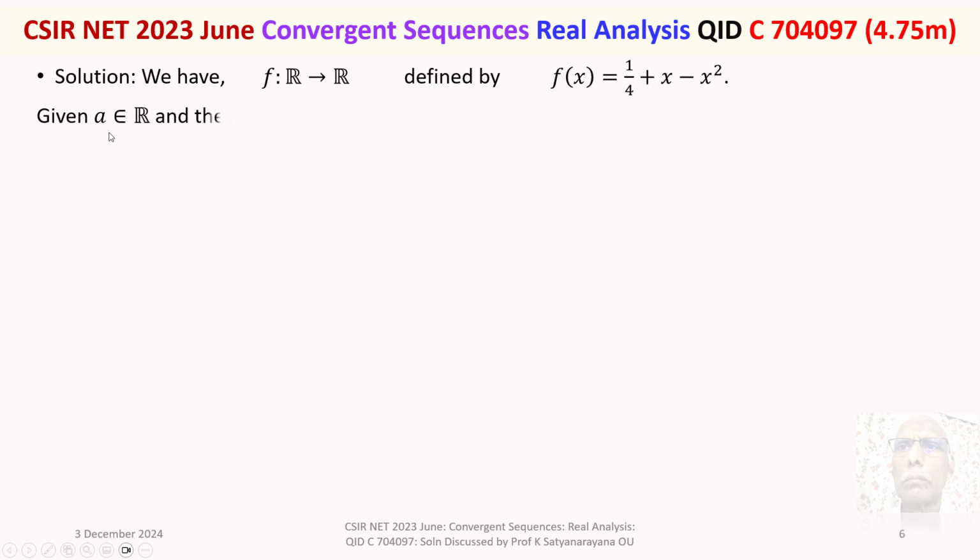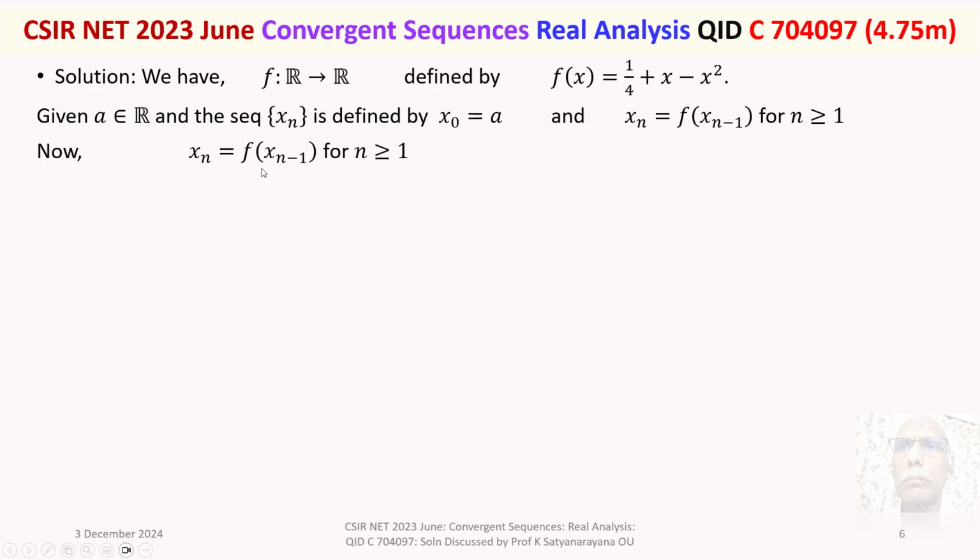We are given a is a real number and the sequence xn is defined by x naught is equal to a and xn is equal to f of xn minus 1 for n greater than or equal to 1. The sequence is inductively defined.